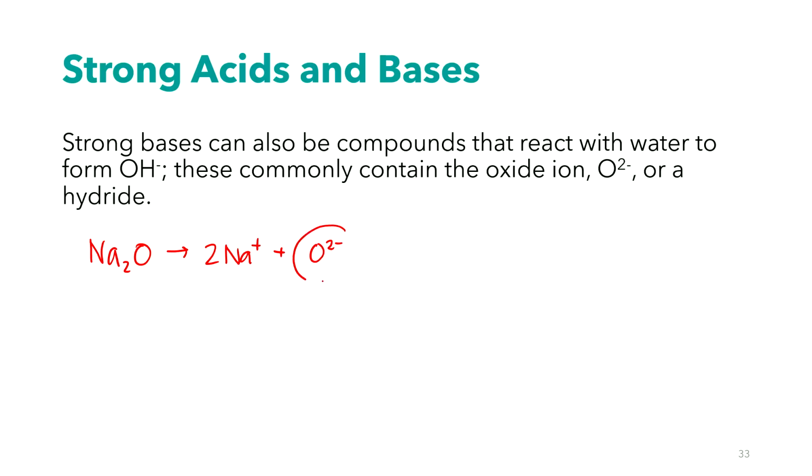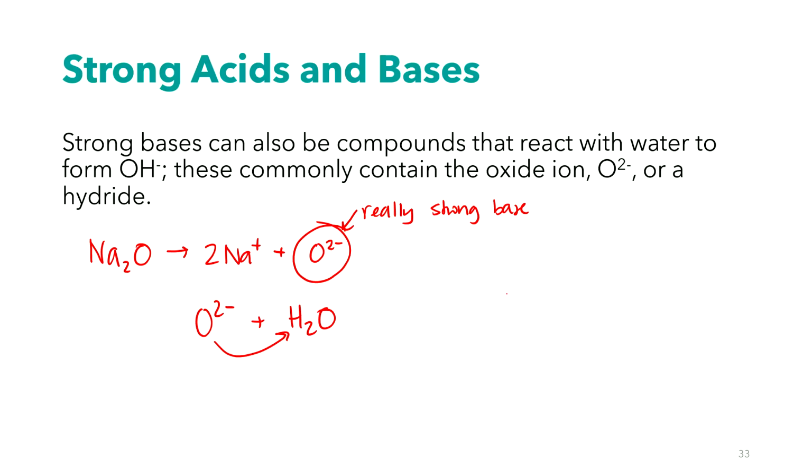Really, really strong base. That single oxygen is not very good at stabilizing 2 whole extra electrons. We're putting too much negative charge into a small space. O2 minus will immediately react with water, and it'll pull one of those protons off.